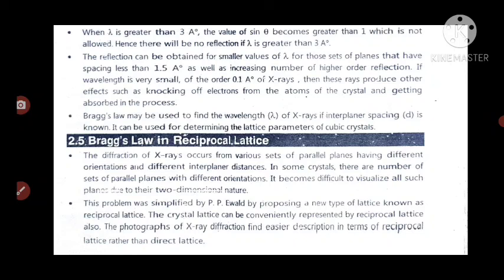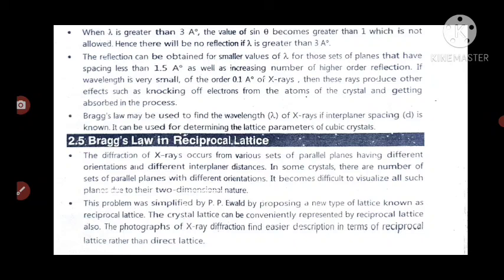Now the next interesting point: Bragg's law in the reciprocal lattice. X-ray diffraction occurs in various sets of parallel planes having different orientations and different interplanar distances in a crystal, and there are a number of such sets of parallel planes.